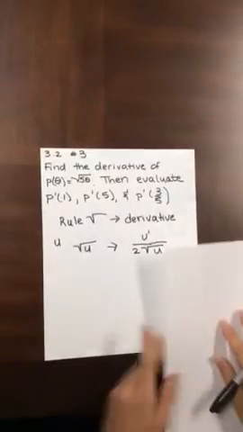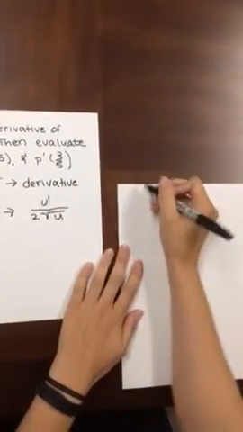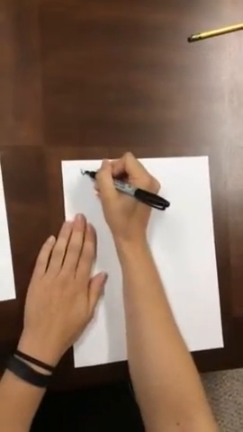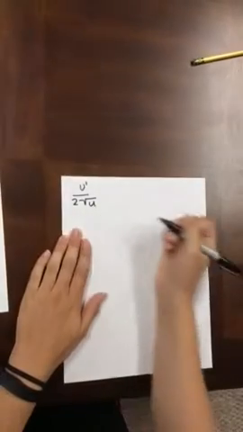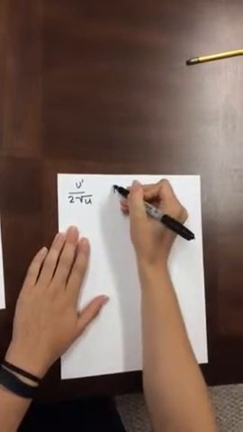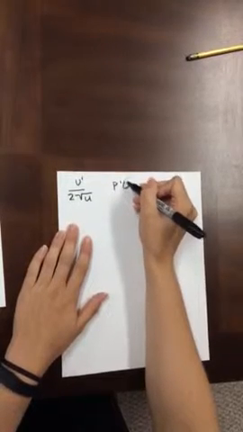So first step is to just find the derivative of that. So I'll put this here. And again, I'll rewrite the rule: we have u prime over 2 square root u. And we're looking for P prime of θ.